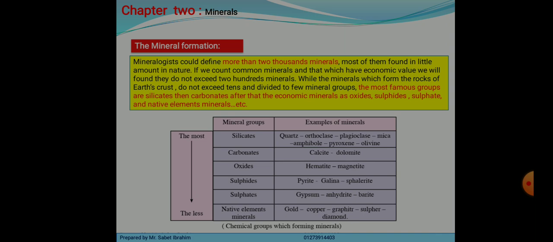Then sulfides: pyrite, galena, sphalerite. Sulfates: gypsum, anhydrite. And finally the native element minerals like gold, copper, graphite, sulfur, diamond. So the most famous mineral group is silicates, then carbonates, oxides, sulfides, sulfates, and finally native element minerals.